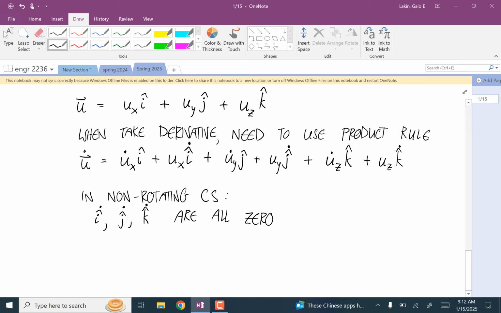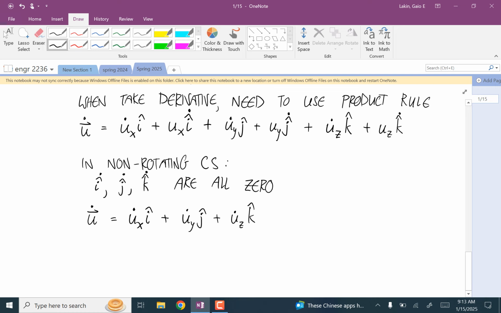And that means that u dot, you can throw out all the terms with i dot, j dot, and k dot, and you just get back ux dot times i plus uy dot times j plus uz dot times k.